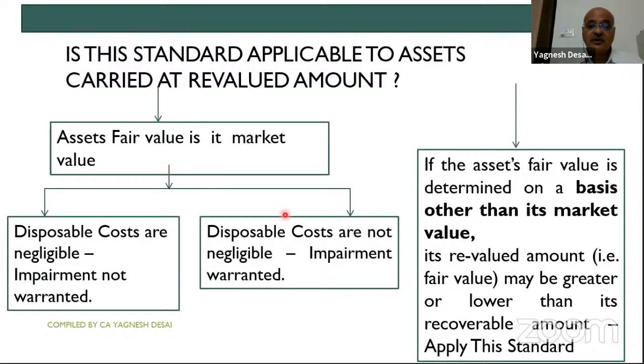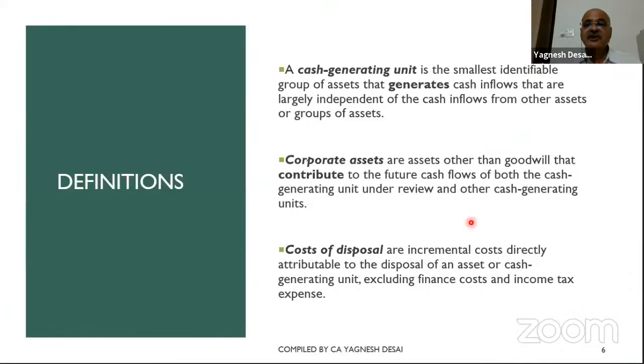But if the disposal costs are not negligible, that means material, then impairment is warranted. And naturally, if the asset fair value base is not the market value but other than the market value, then Ind AS 36 is applicable. All right, sir. Now we'll see the definition of the cash generating unit: the smallest identifiable group of assets.